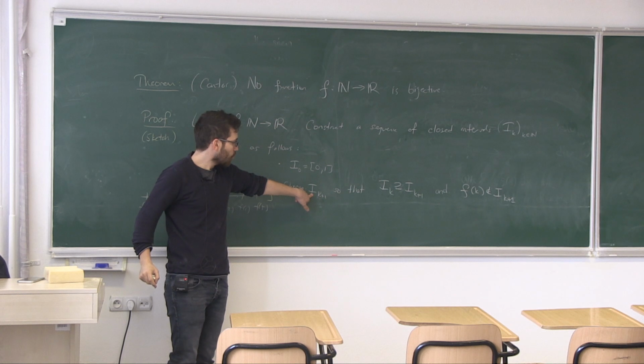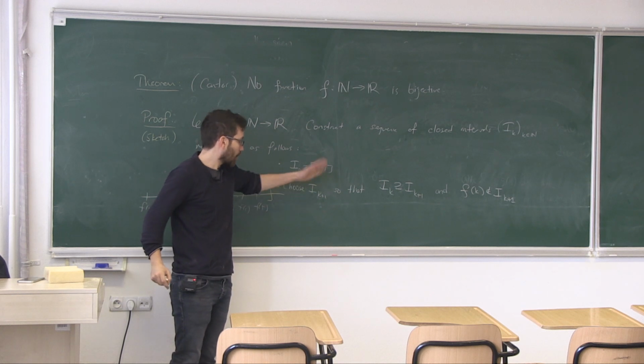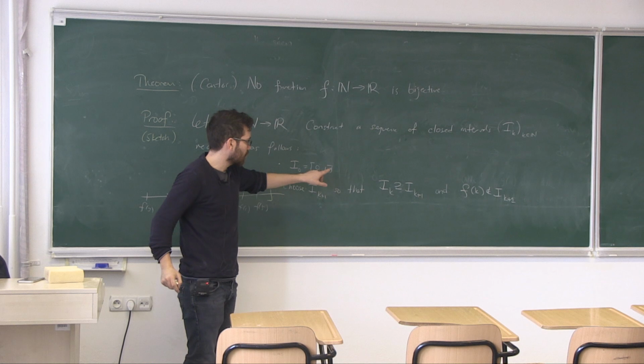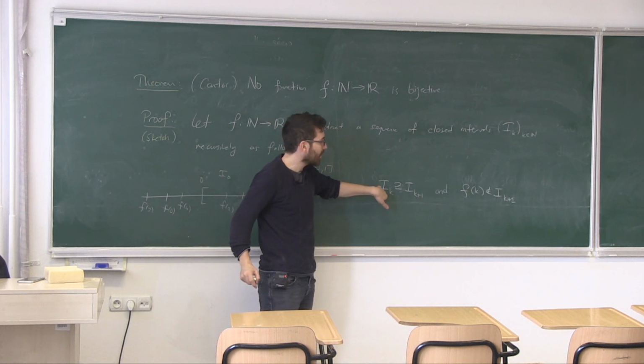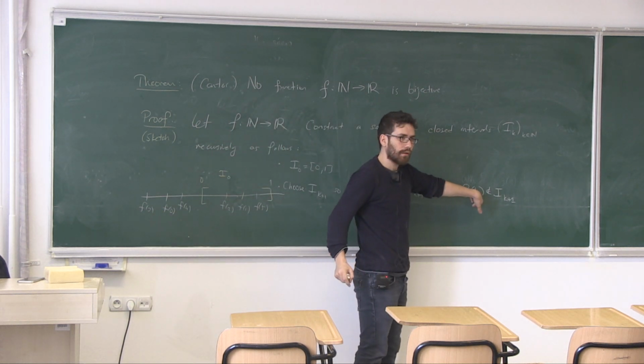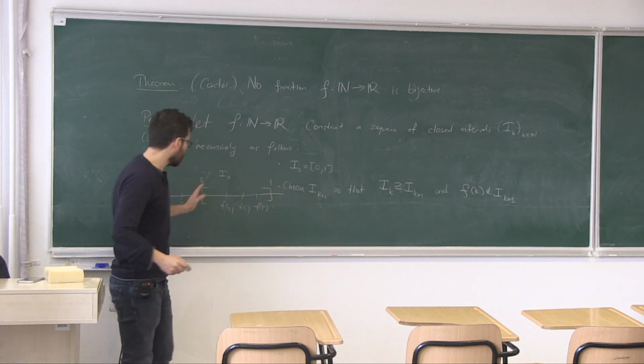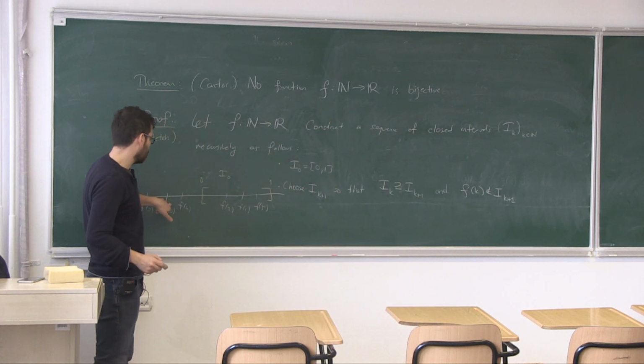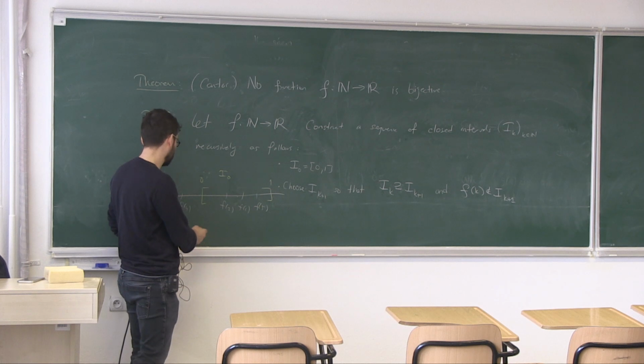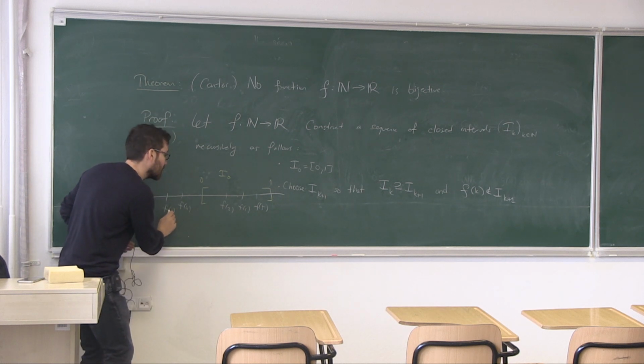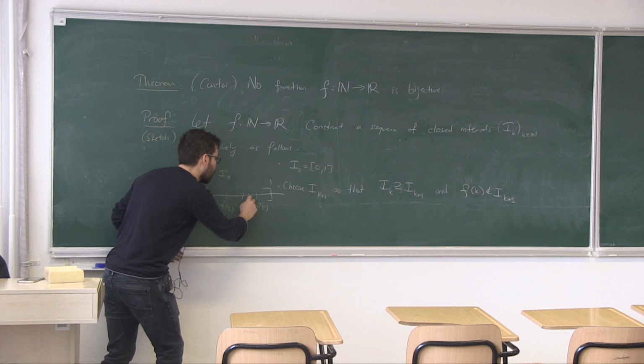In order to choose I1, I want to satisfy the following conditions. It is a subinterval of I0 and it misses f of 0. Let's make this f6, and let me put f of 0 over here.